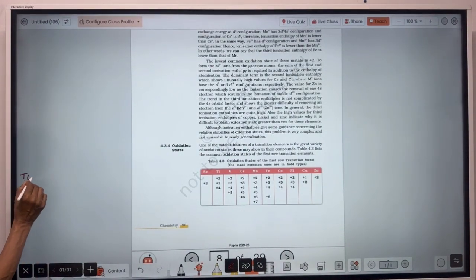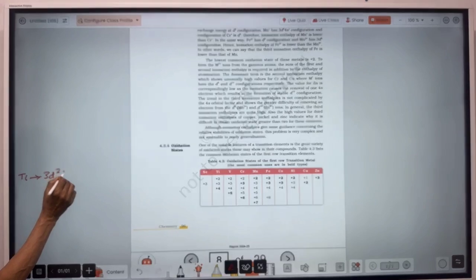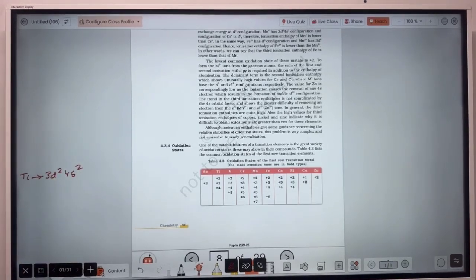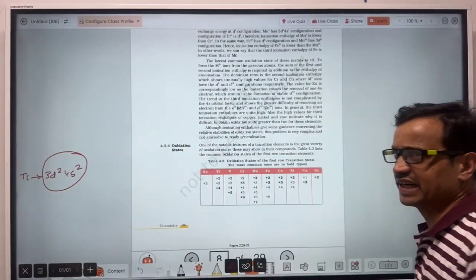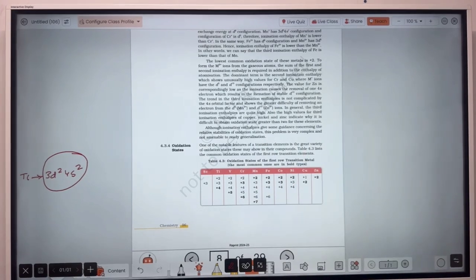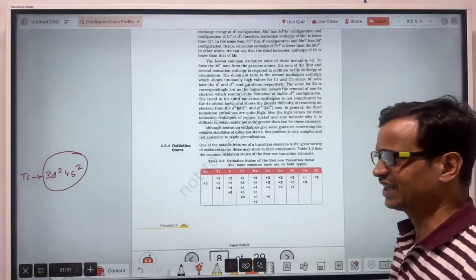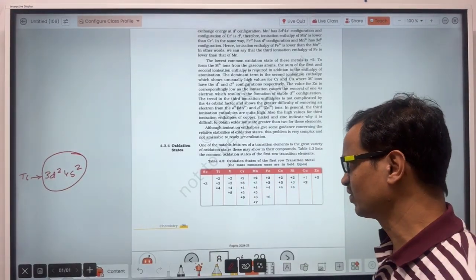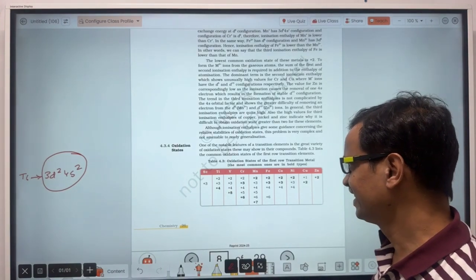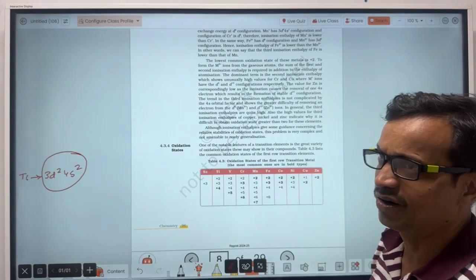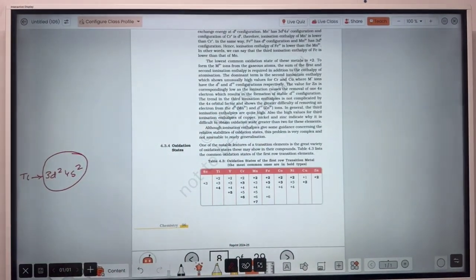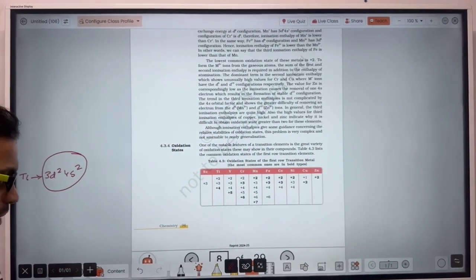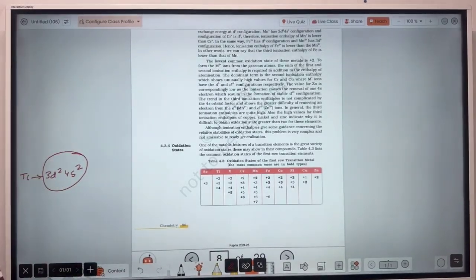Because the electronic configuration of titanium is 3d2 4s2, so in +4 oxidation state all 4 electrons are released from titanium. After releasing all 4 electrons, titanium acquires a noble gas electronic configuration. That's why the stability of Ti4+ is maximum.